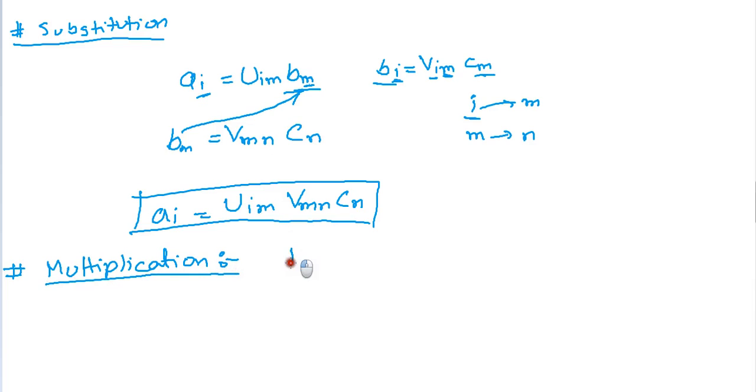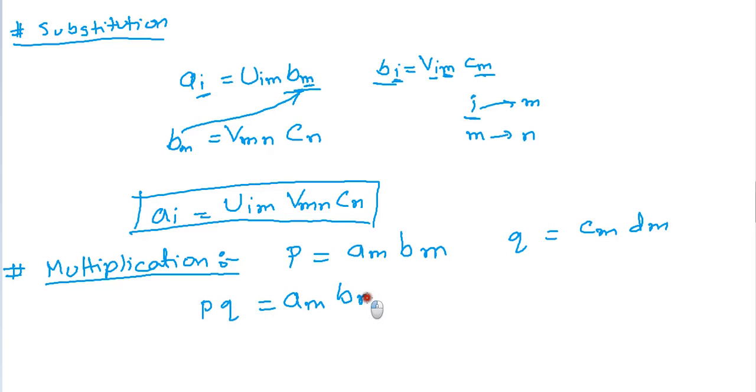For example, here we have one tensor P equal to A_m B_m, and another, Q equal to C_m and D_m. So if you multiply these, then P times Q would be A_m B_m times C_n D_n.